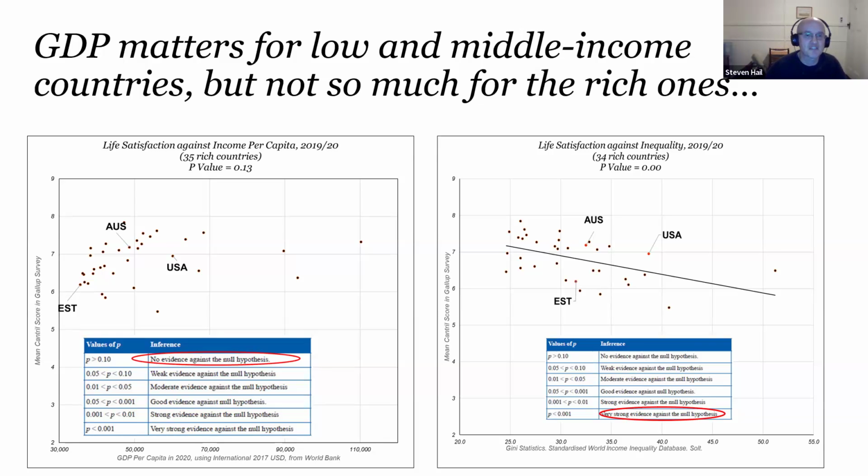And what the chart on the left-hand side is saying is that there's no statistical evidence of a relationship between subjective well-being and gross domestic product in the richest countries in that year. And you'll find the same result in any year for the richest countries, at least in any year in the recent past. And we'd get the same result, as I mentioned before, if we were talking about objective measures of well-being as well.